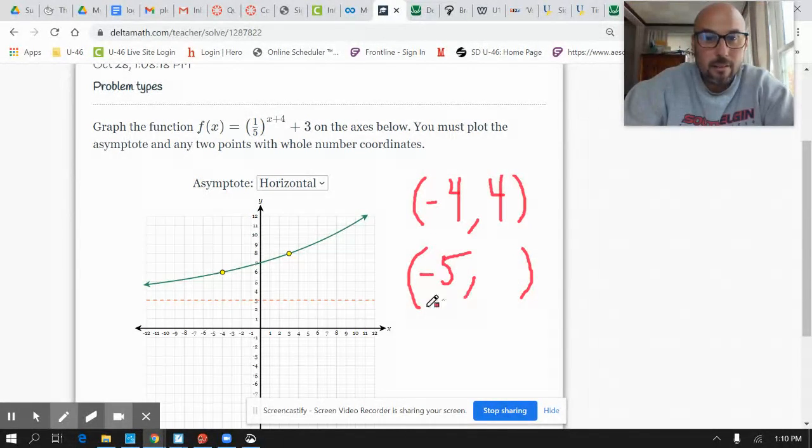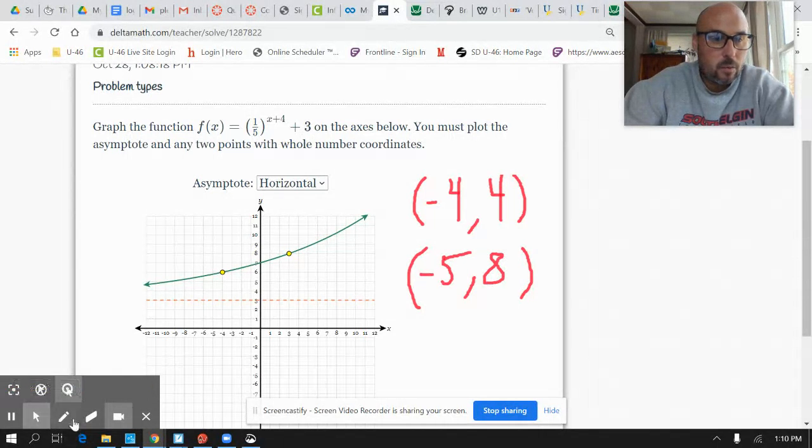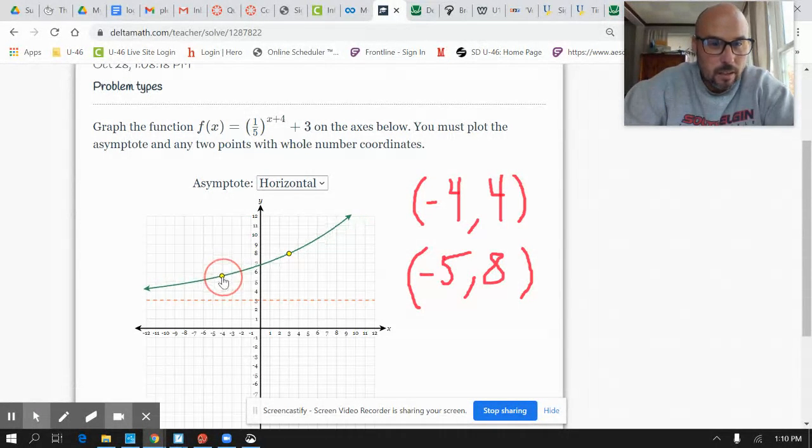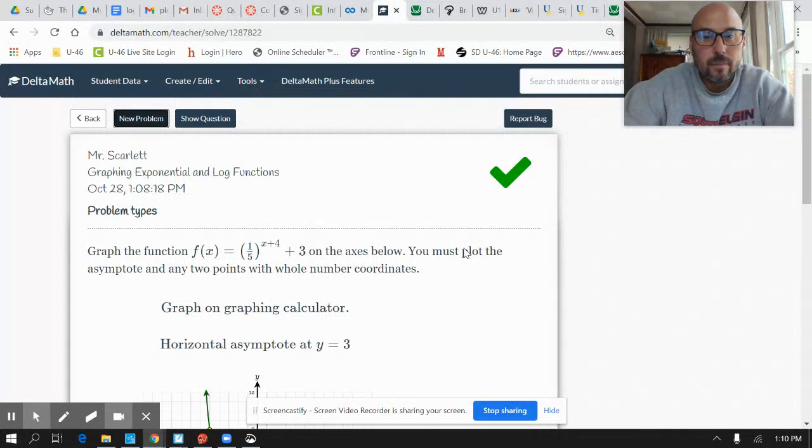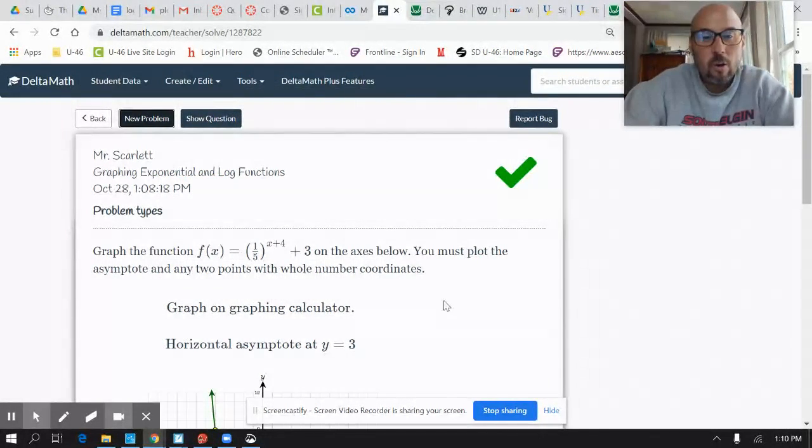If x is -5, then the exponent is -1. And 1/5 to the -1 is 5. And 5 plus 3 is 8. So we would drag these points -4, 4, and -5, 8, and then submit my answer. And we've got it. I hope that's helpful.